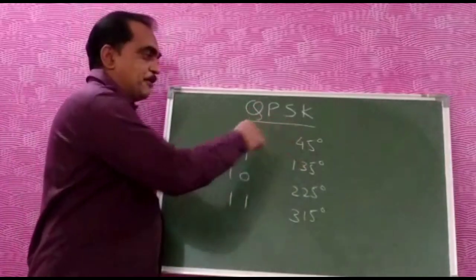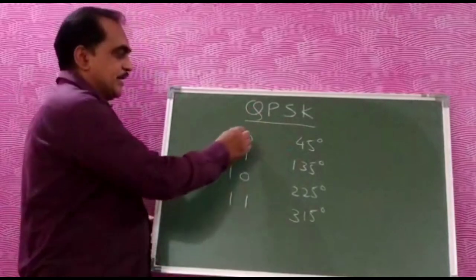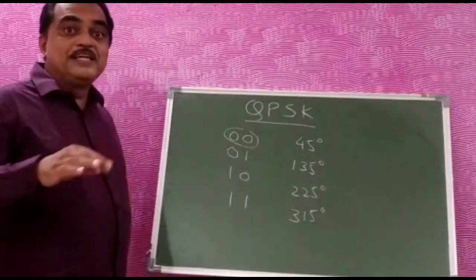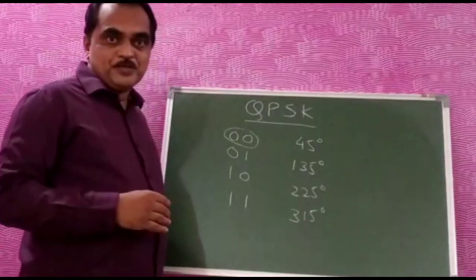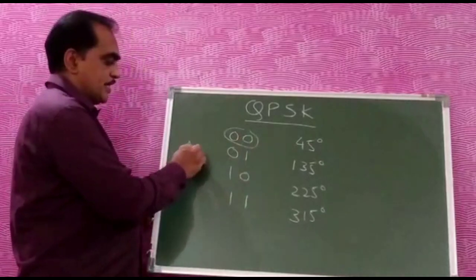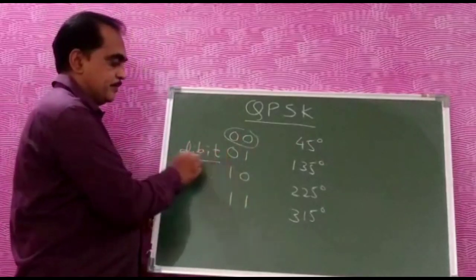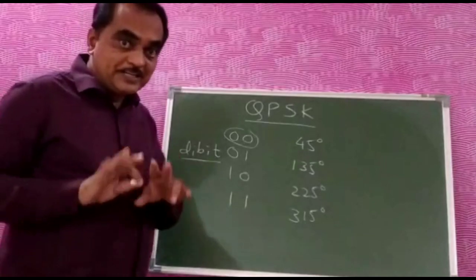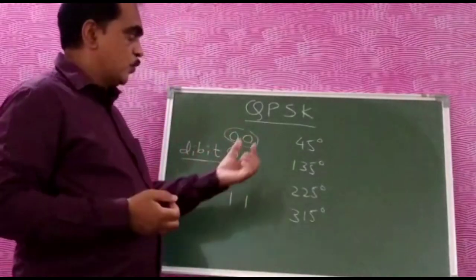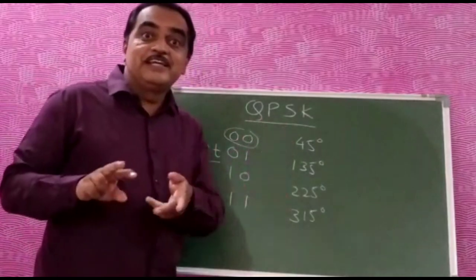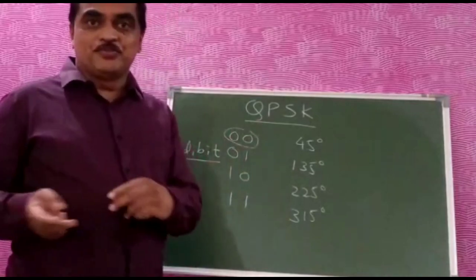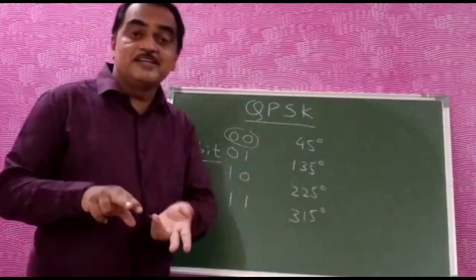Now, a particular phase shift is going to indicate a pair of bits. A pair of bits is also called a dibit. So one dibit, that is 2 bits, will indicate one phase shift. That means one symbol is indicating 2 bits, another symbol is indicating another 2 bits, and so on.